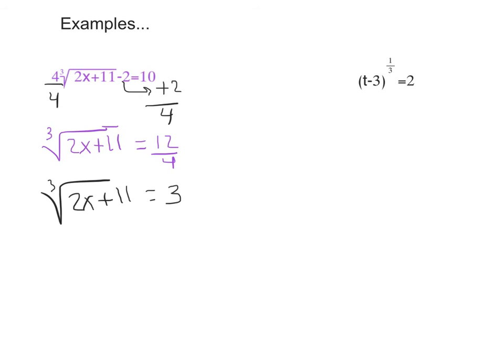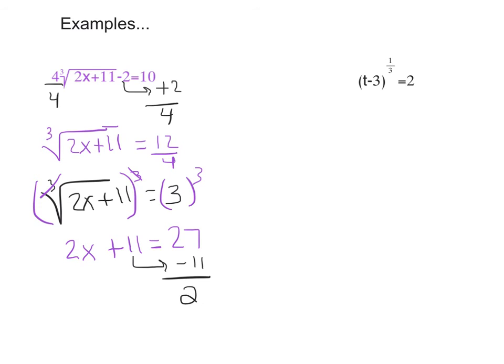I need to undo this cube root, so you raise both sides to the third power, and that undoes it. So you're left with 2x plus 11 equals 3 times 3 times 3, 27. You're going to then subtract the 11, and whatever you get, divide by 2.